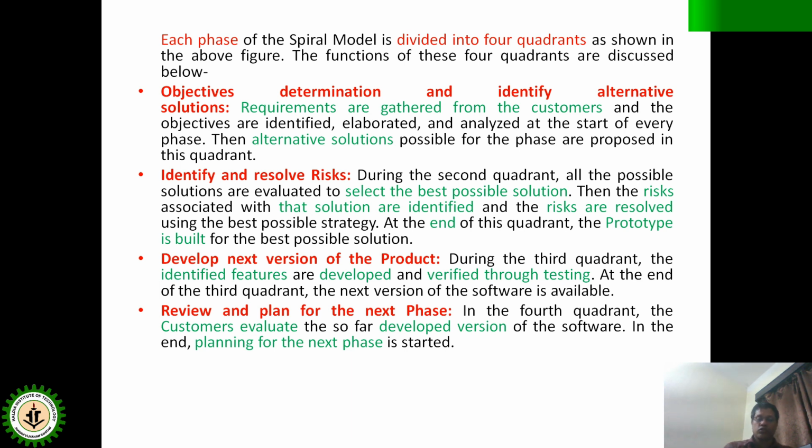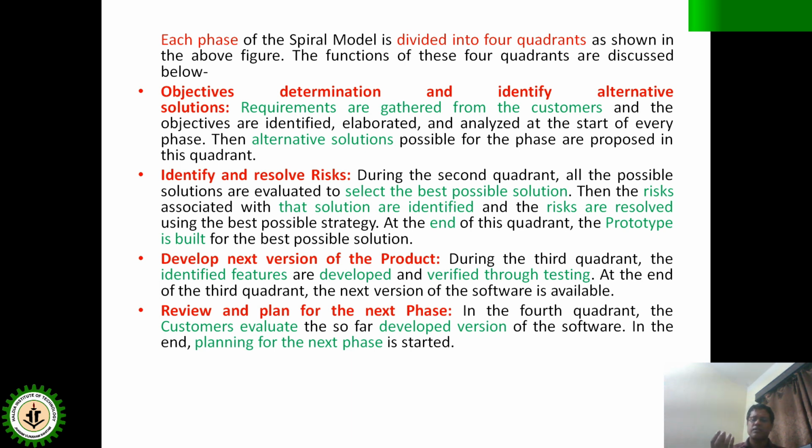So these four quadrants are used repeatedly. One loop, four quadrants. Second loop, another four quadrants. Third loop, another four quadrants. And hence the enhancement of the software is done. At the end of the first four quadrants, a miniature software with some functionalities has been developed.